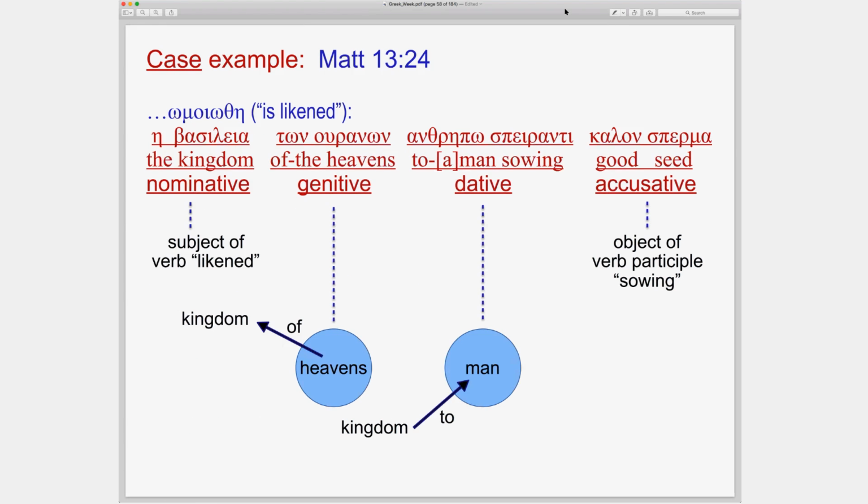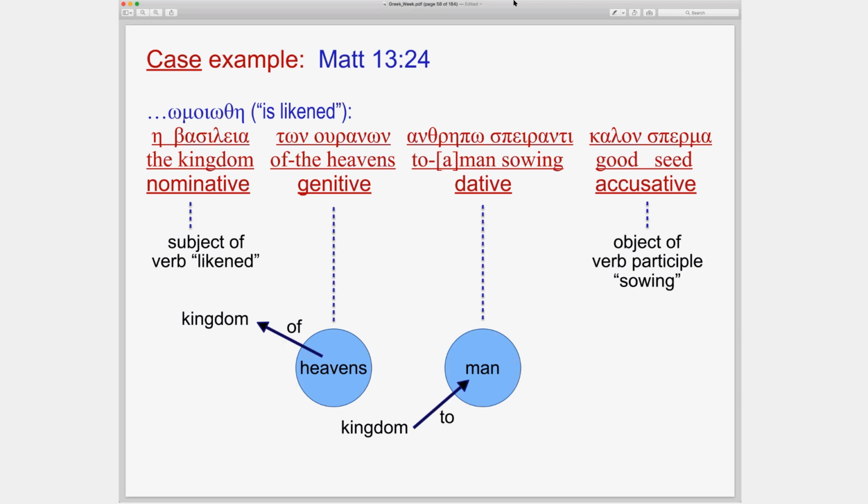I found the perfect example in the scriptures. I dug this up. You all know Matthew 13:24, where the kingdom of heaven is likened to a man sowing good seed. And I want to answer a question in the chat. How does the genitive case distinguish itself from something as possessive?